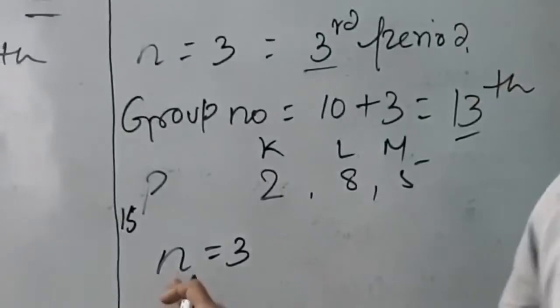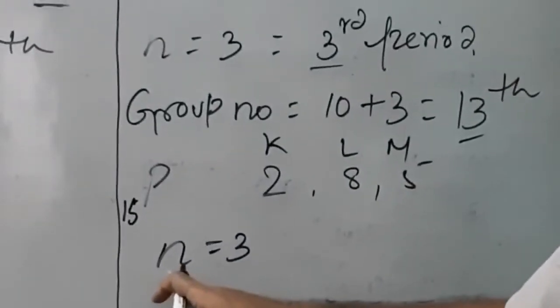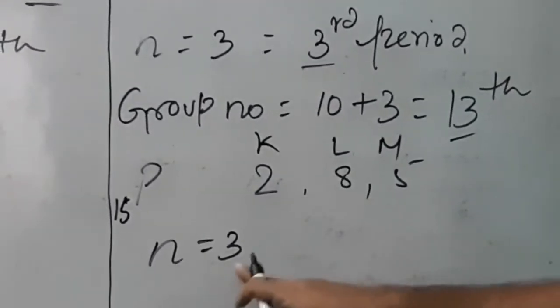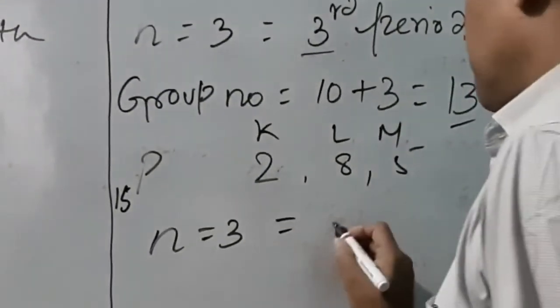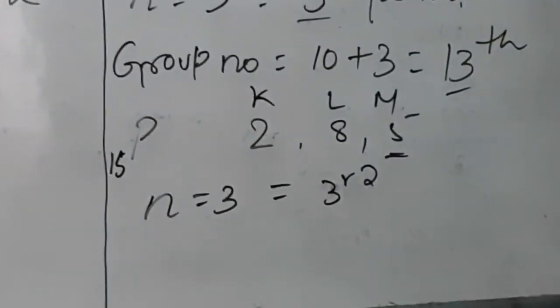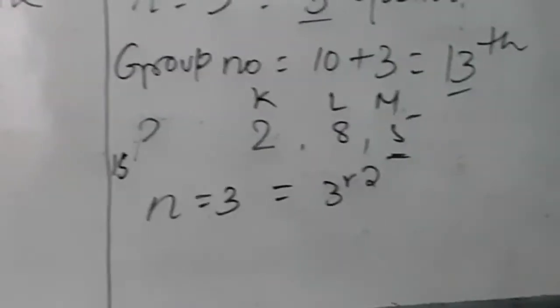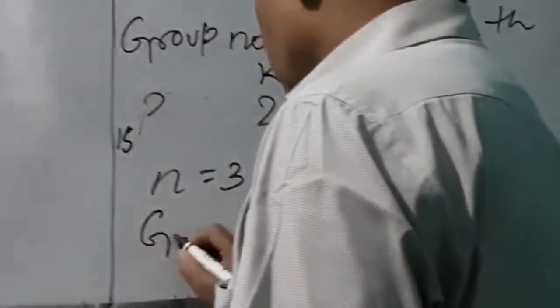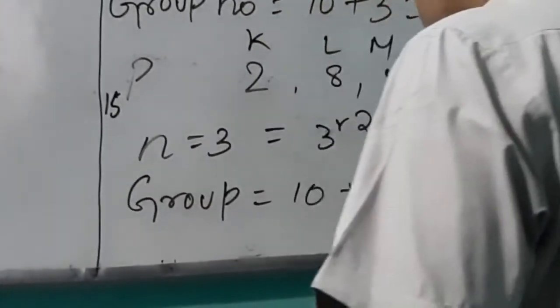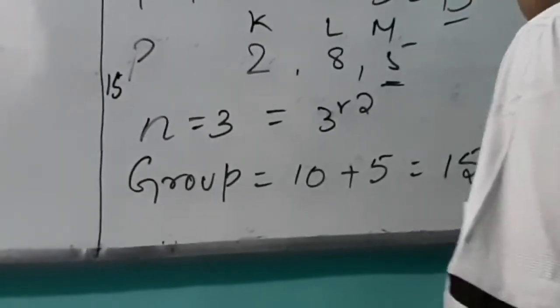N indicates number of shells that you have studied in class 9 in the structure of atom. So the period is third period. Now how many valence electrons are present? 5. So group equals 10 plus 5, 15. 15th group.